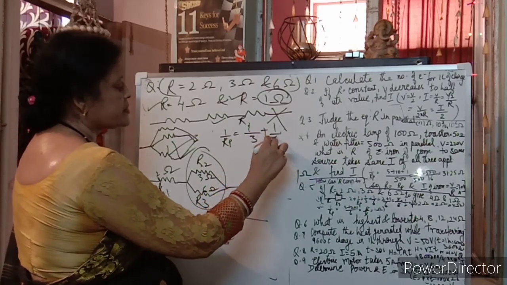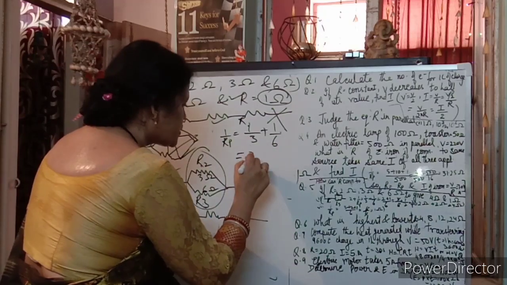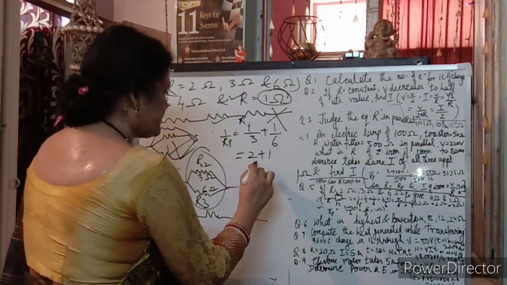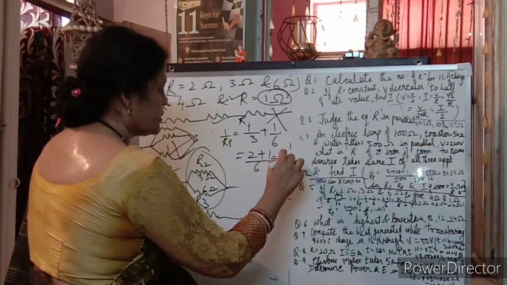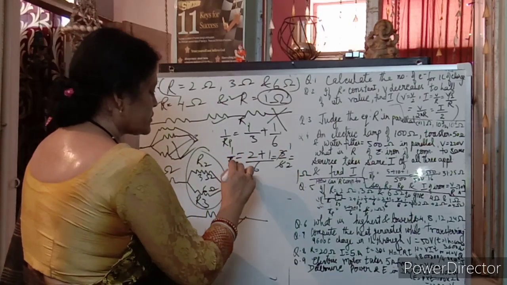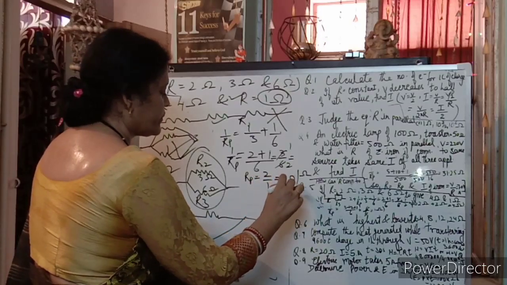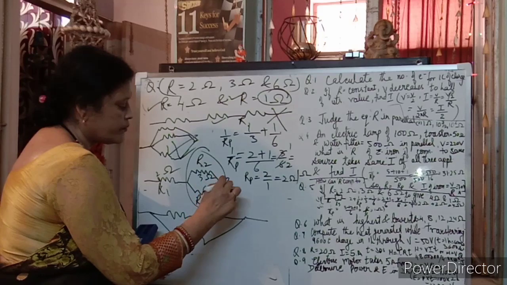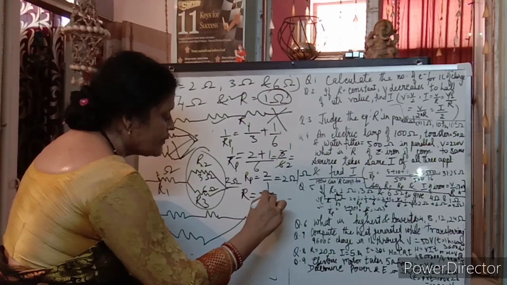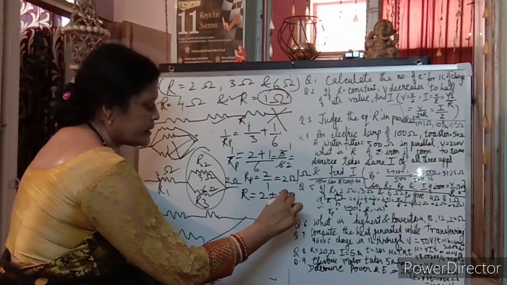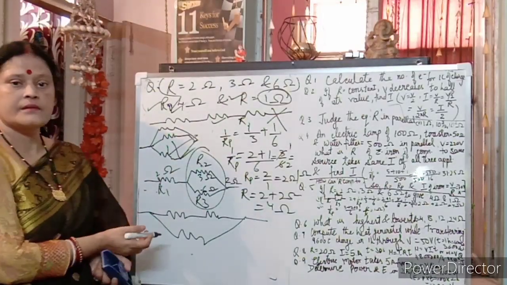So 1 upon 3 plus 1 upon 6, it will be 2 plus 1 upon 6, gives 3 by 6, half. So 1 upon RP came, so RP is equal to 2 ohm. Now this portion is 2 ohm, and 2 plus 2, that is 2 ohm in series, is equal to 4 ohm. Here's the answer. We'll not try this.